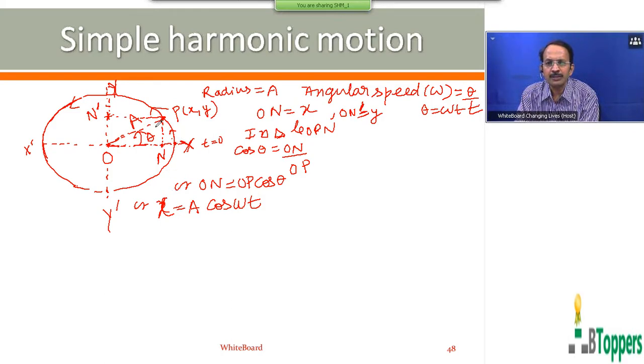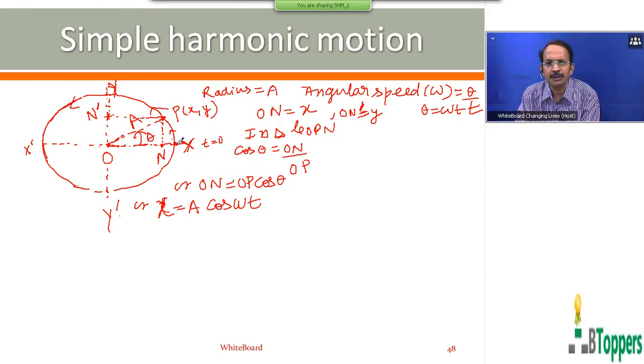Now, the particle moves in the circular path in the anticlockwise direction with uniform angular speed omega from the end X of the diameter X dash OX to the end Y of the diameter Y dash Y. That means when it completes 1/4 of the revolution, the projection of this particle on the diameter X dash OX moves from X to O. When the particle moving in the circular path is at the end X of the diameter, the projection of the particle will also be at the same point.